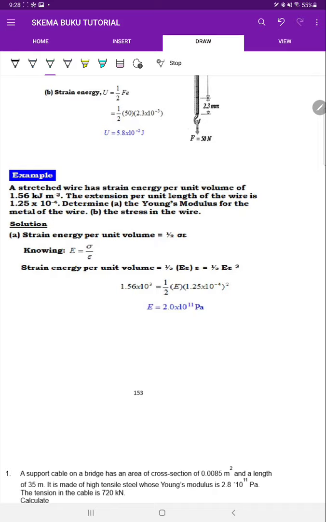Okay, ini adalah U per V. The extension per unit length sama juga dengan strain. Okay, nilai ni. Okay, that's why tak ada unit, strain tak ada no unit. Okay, determine A, the Young modulus for the metal wire and B, stress. Okay, kita kena buat apa ni?